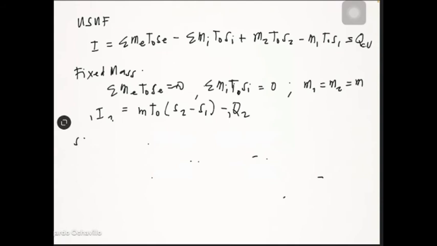So if it's not specified, you would take TO, or the temperature of your surrounding, as 25 degrees Celsius, or this is 298.15 Kelvin, if the TO is not specified. Since TO is the ambient temperature, some examiners may assume that you already know the temperature of your surroundings.